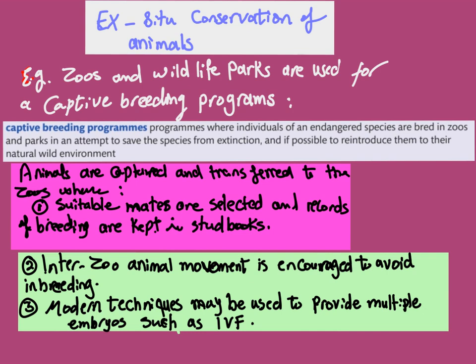So we allow the animals to move between zoos. This helps to avoid inbreeding, because inbreeding will cause a depression in the genetic makeup or genetic diversity. Modern techniques may be used to provide multiple embryos, such as IVF. This is what the zoos and the captive breeding programs can afford for the conserved animals.